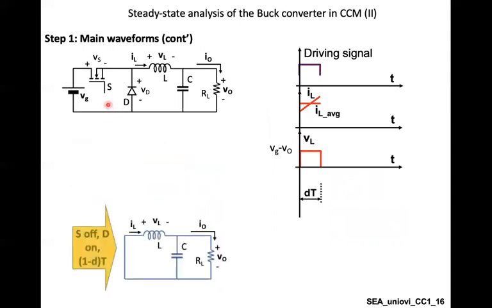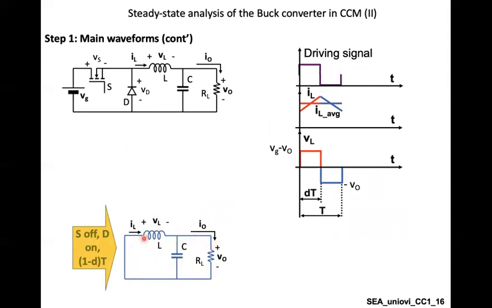What about the voltage in the second cycle? When the switch is turned off and the diode is forward biased, what will happen is simply the reverse. Again, in this circuit, the current in the inductor will drop, keeping the same average. So the average current is almost constant, as you can see. And what about the voltage in the inductor? Again, let's make a KVL here on the big loop.